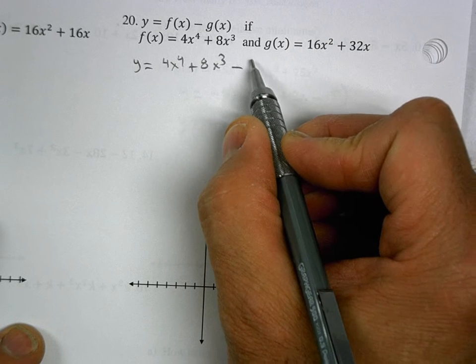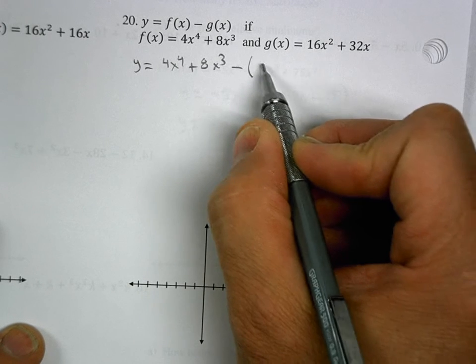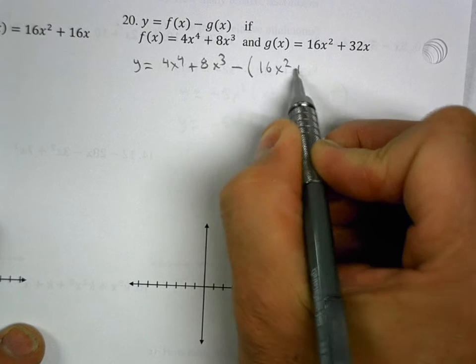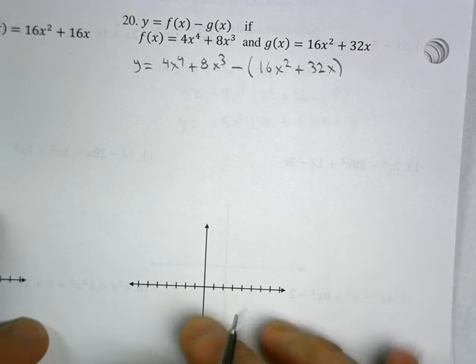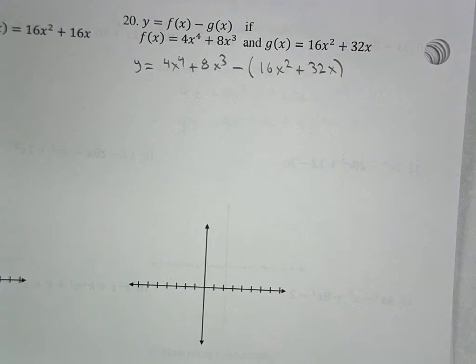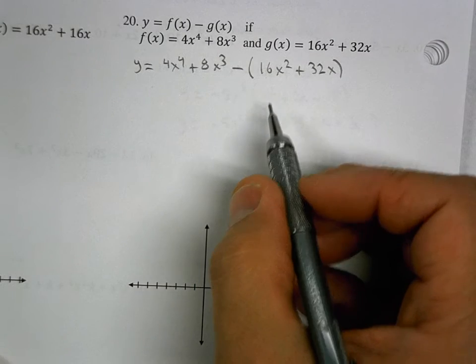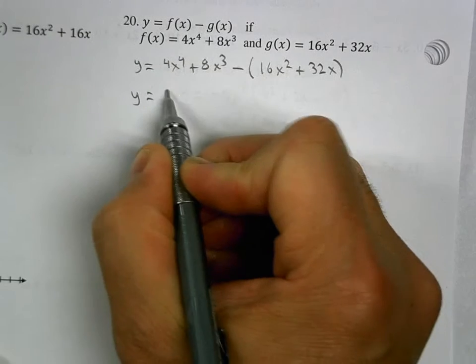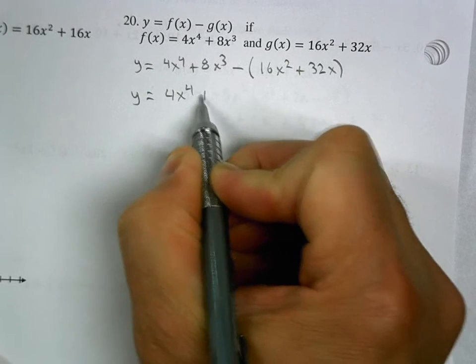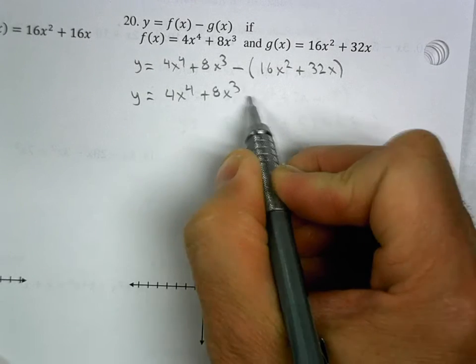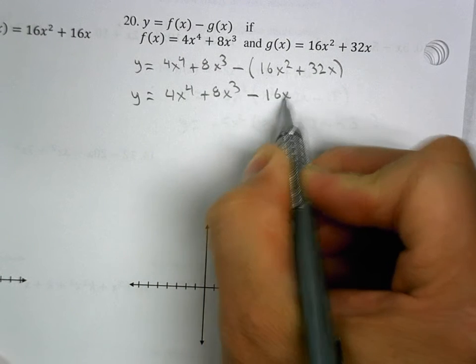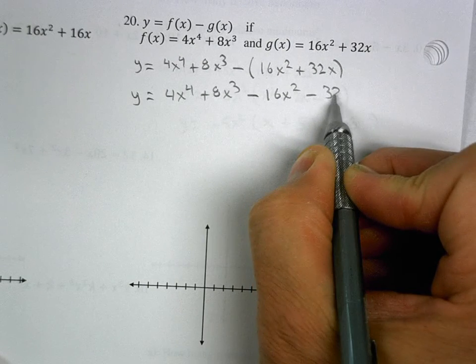So minus this whole g of x, 16x squared plus 32x. Okay, there's f of x, and there's minus, and there's g of x. Now we can distribute the negative. So 4x to the fourth plus 8x cubed minus 16x squared minus 32x. Okay?